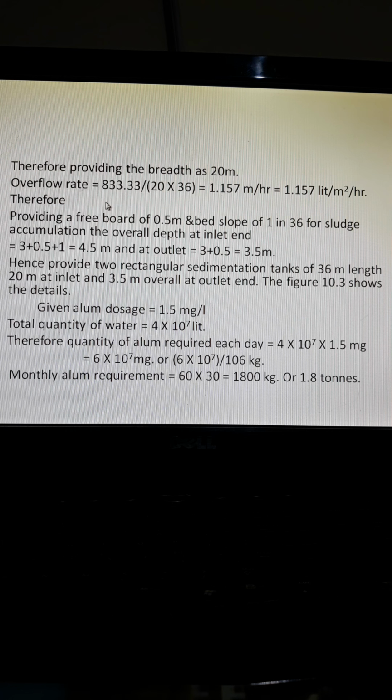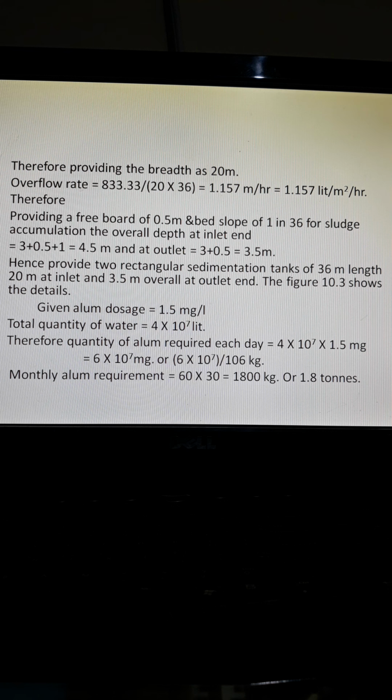Therefore, providing a free board of 0.5 meter, that is the free space above the water level, as well as providing a bed slope of say 1 in 36 for the sludge accumulation, the overall depth at the inlet end of the tank is 3 meter liquid depth plus 0.5 meter free board and 1 meter, that is the extra depth, because the floor or the bed of the tank is provided at 1:36, means for every 36 meter length 1 meter is the fall.